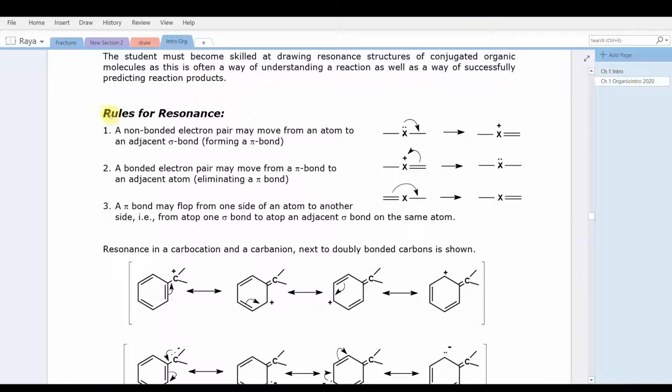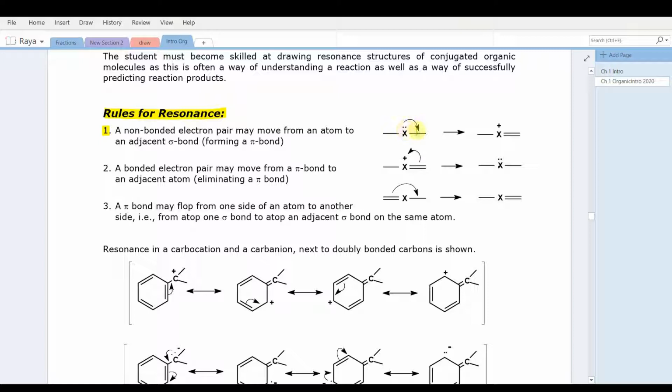There are, in fact, 3 rules for resonance. You don't need to memorize the numbers, but you should remember the 3 processes. So the first case here, we have a non-bonded pair of electrons that becomes a pi bond on top of a sigma bond, provided that it's all connected to the same atom. Pi bond formed from a non-bonded pair of electrons.